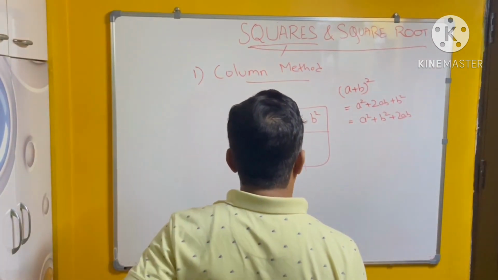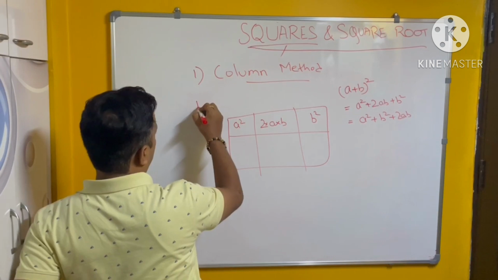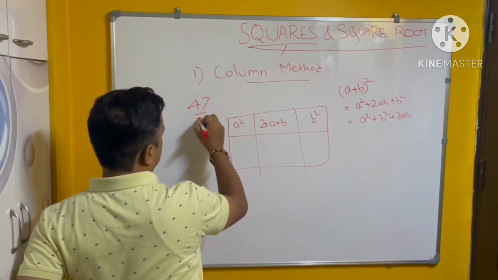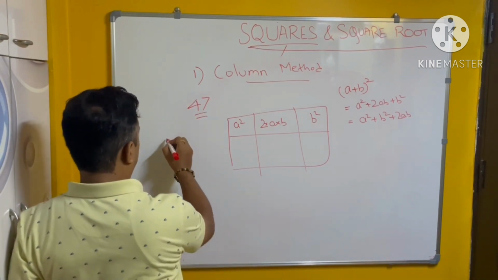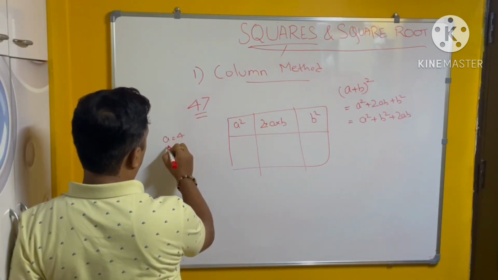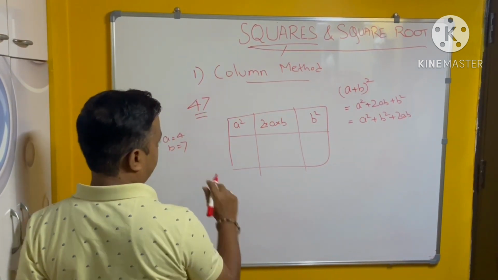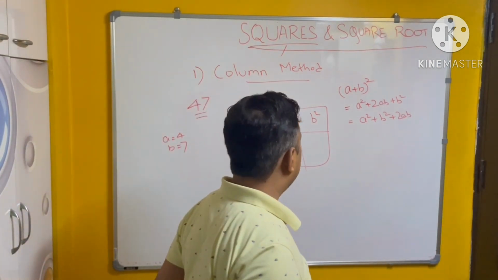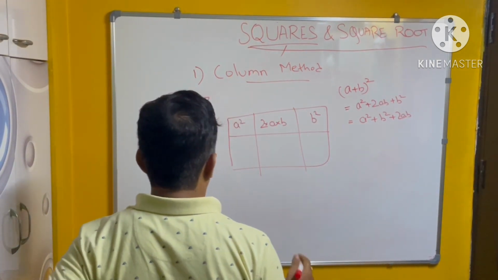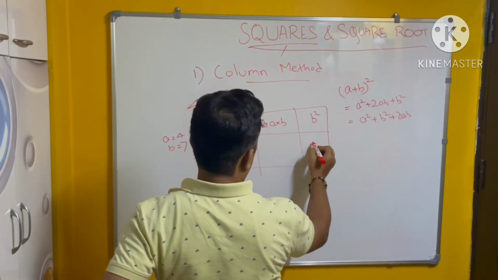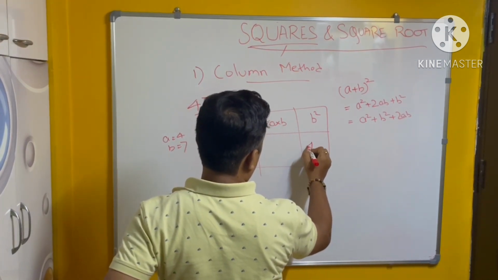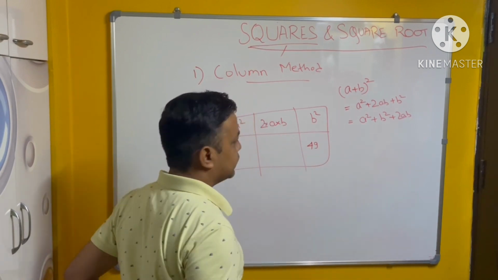Suppose we need to calculate the square of 47, where a equals 4, b equals 7. So b square means 49.